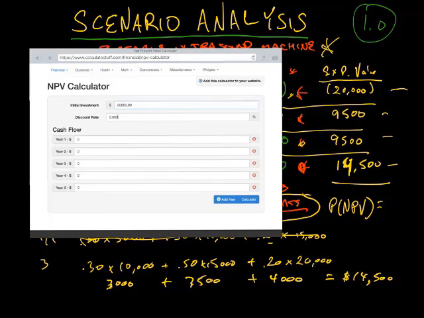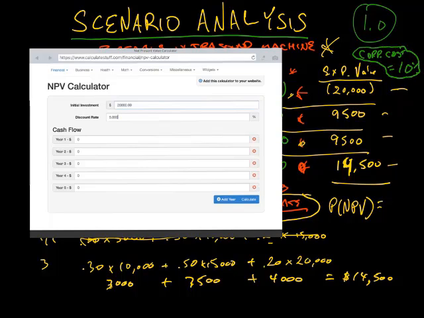Again, that'll be something that will probably be given to you, but let's assume in this case, let's pick an interest rate. We'll use 10% because it's nice and easy. So our corporate cost of capital that we'll be using for this example will be 10%.